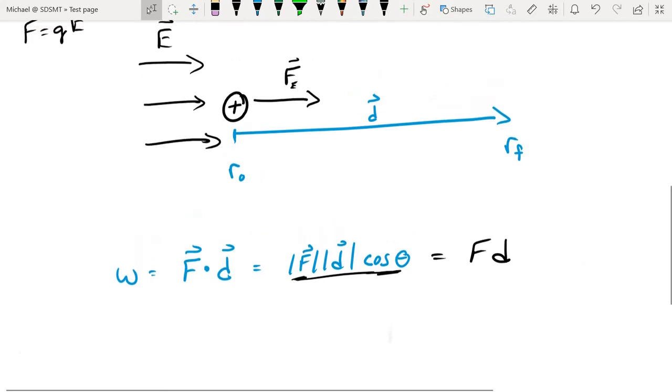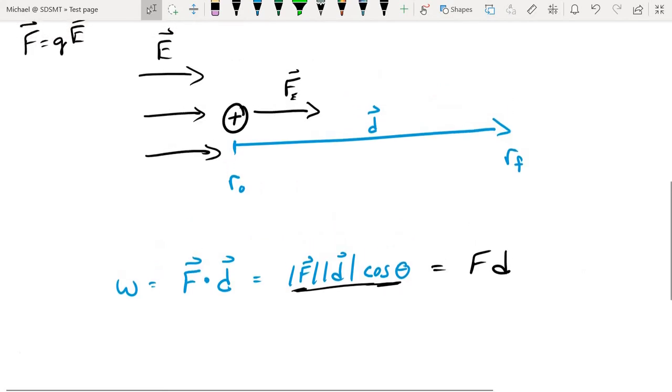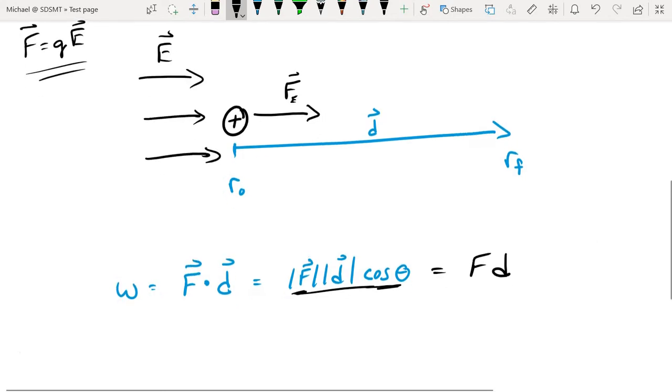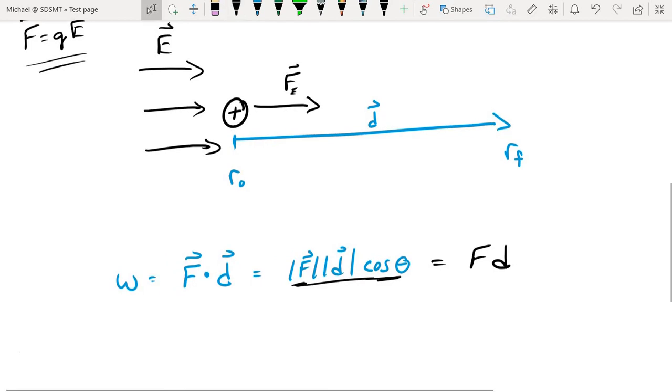Well, let's take that knowledge combined with what we know about that force. We know that that force is a result of the charge, q, being placed inside of the electric field of E. And so we now have q, E, and d.